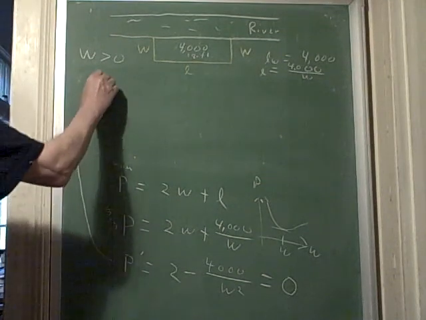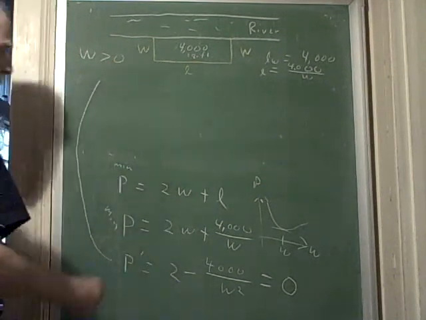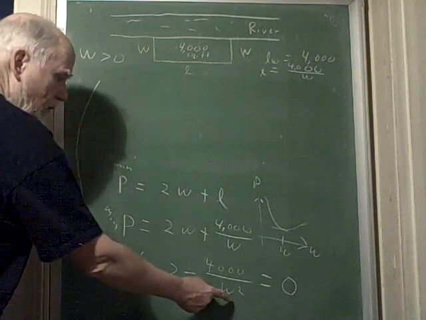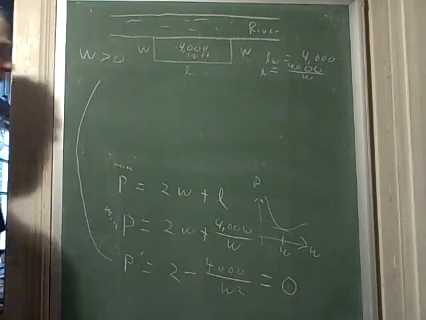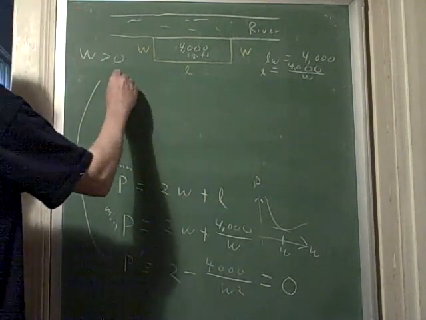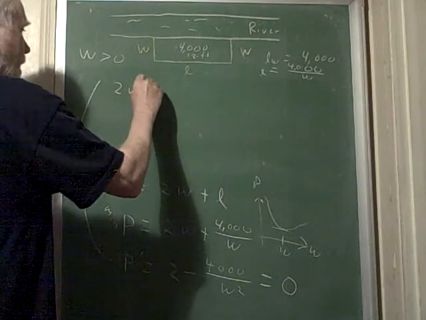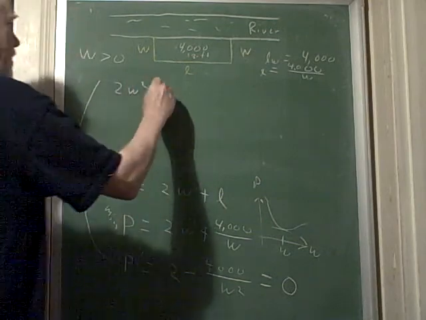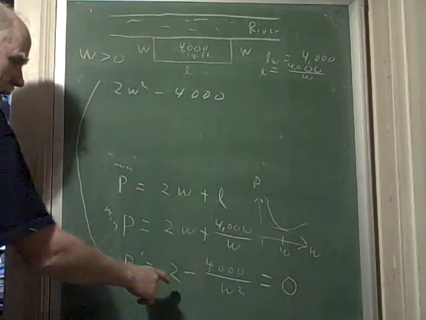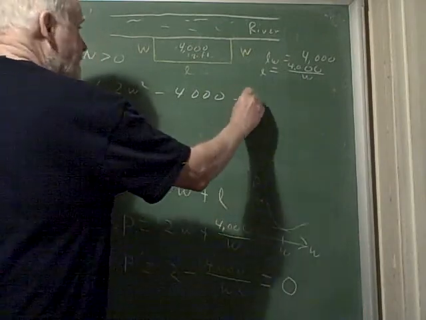All right. So what I want to do is set this to 0. In order to do that, I'm going to multiply by the lowest common denominator, which is W squared. I'm going to multiply each term by W squared, and I get 2W squared minus 4,000. And when I multiply 0 by W squared, I just get 0.